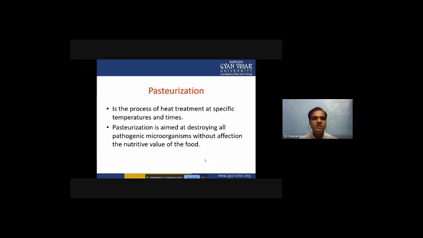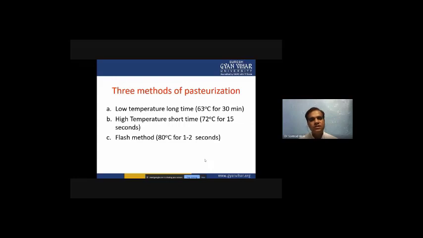Pasteurization is the process where we provide heat treatment at a specific temperature and time, and then the food will be preserved. Pasteurization is aimed at destroying all pathogenic microorganisms without affecting the nutritive value of the food. There are three methods of pasteurization. First one is low temperature for a long time: 63 degrees centigrade for 30 minutes.